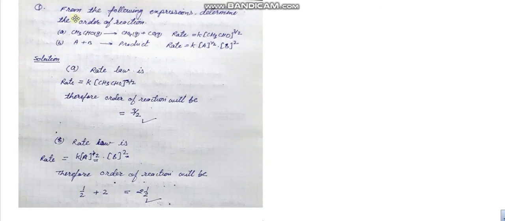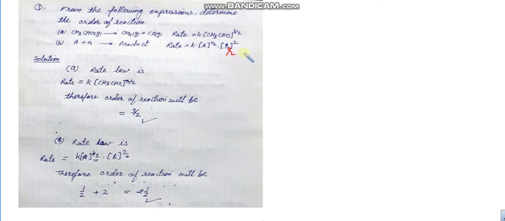So this is one question. From the following expression, determine the order of reaction. This is CH3CHO giving CH4 plus CO, and here rate is equal to this. And another, A plus B gives product, and here rate is equal to this. So with the help of this rate law expression, what is the rate here?